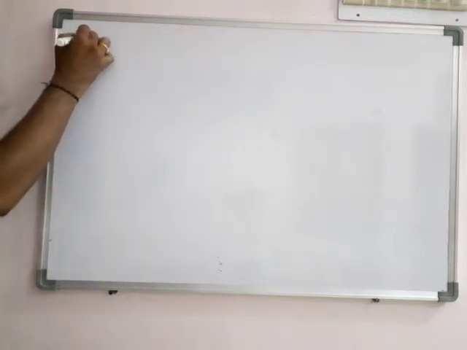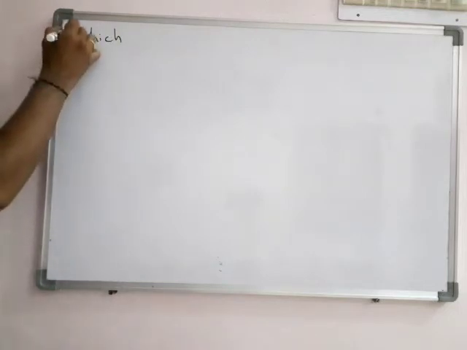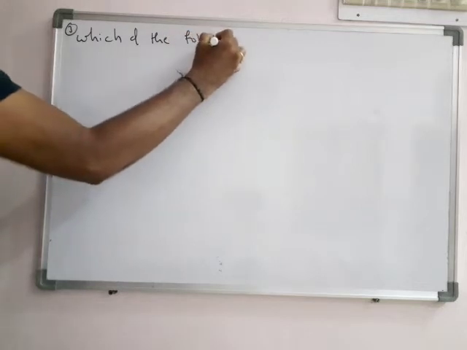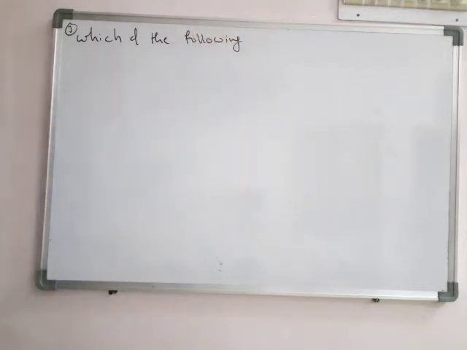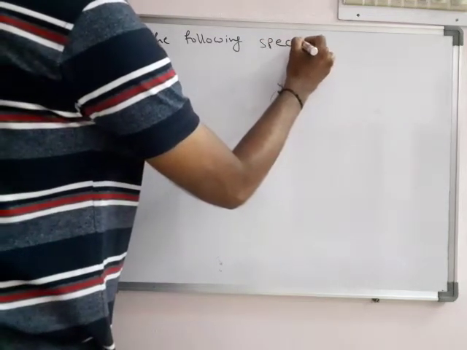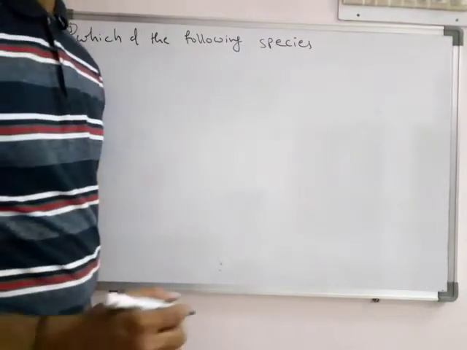Let's see one more question. Bond order, paramagnetic. Which of the following species has the lowest ionization potential?